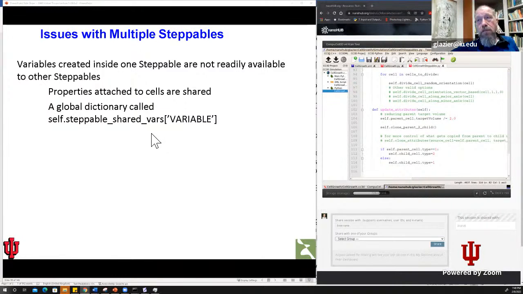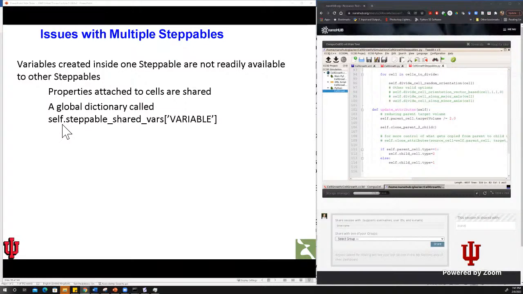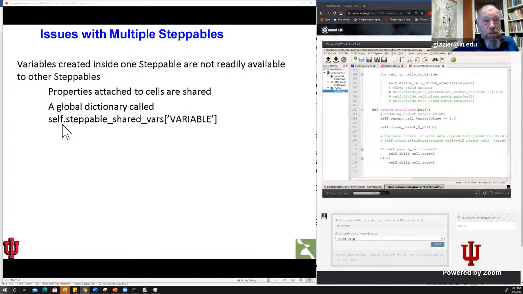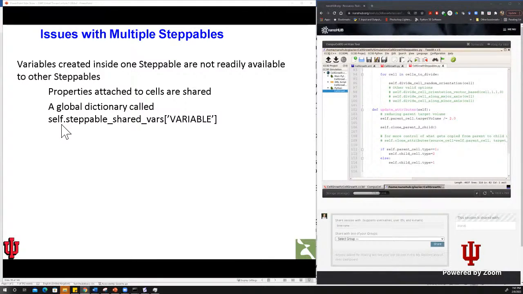It's a little mysterious why this is self, because self normally shares within the class, within the steppable. Adding a self dot doesn't get you out of the class. But I'm talking about the key of the shared variable dictionary, in the all-caps variable.